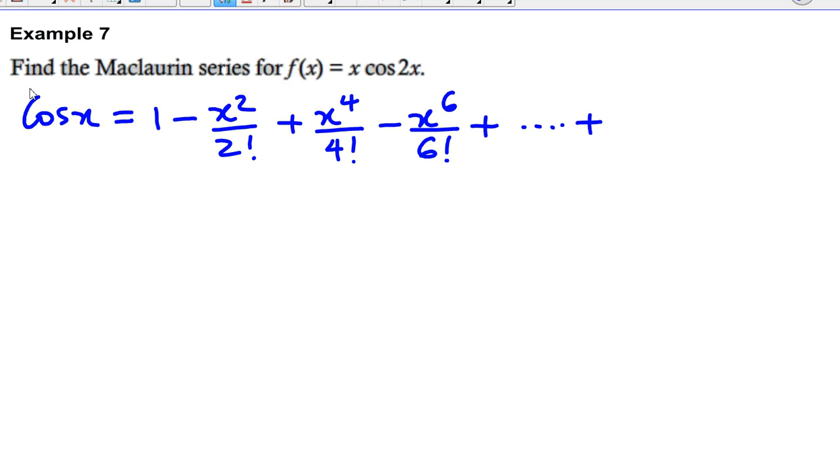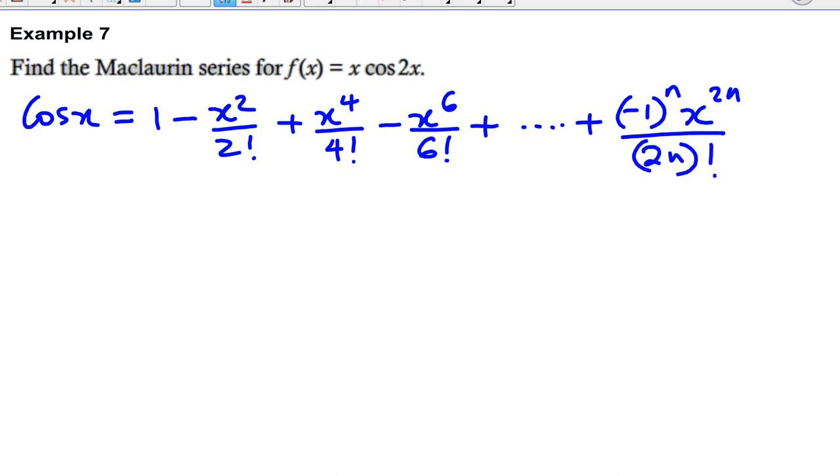Previously we discussed this in my previous video, and I showed you how you can come up with a formula for this. The formula was the sum, starting from n equals 0, of negative 1 to power n, x to power 2n over 2n factorial.